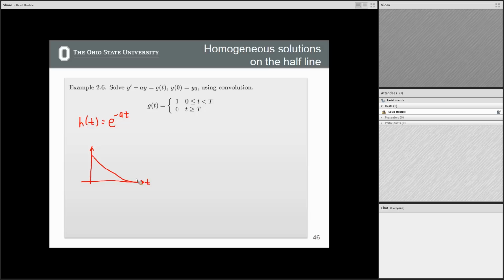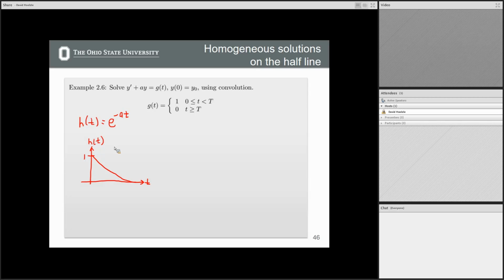It's this function. This has a time constant of a, or 1 over a. This is a decaying function. It intersects at 1. So that's the impulse response for this particular ODE.